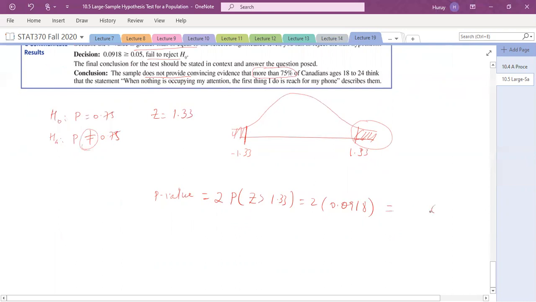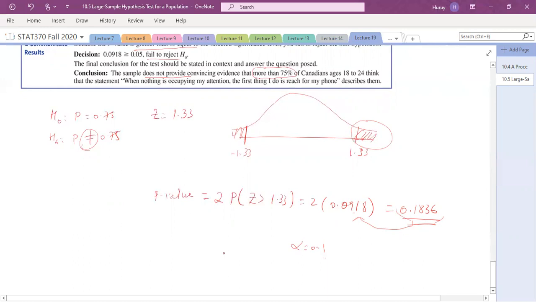And this becomes 0.1836, this area. As you can see, this is much larger than this one. So if we fail to reject for this one, we definitely fail to reject for this one as well. Even for alpha equals 0.1, this p-value is larger. Therefore, we fail to reject the null hypothesis, even with a two-sided alternative hypothesis.